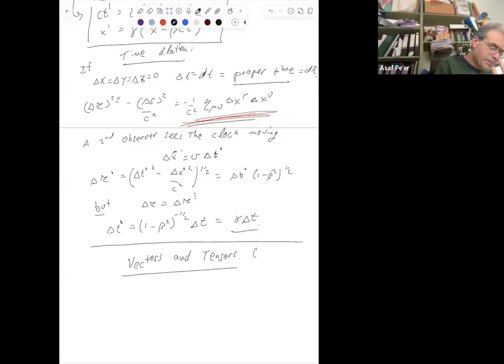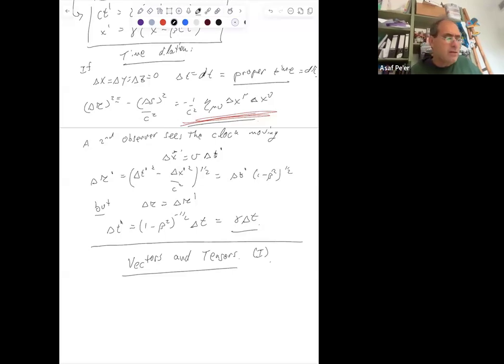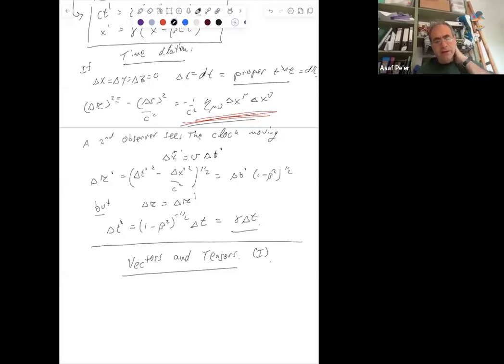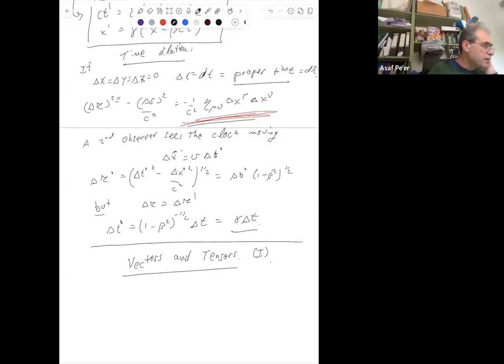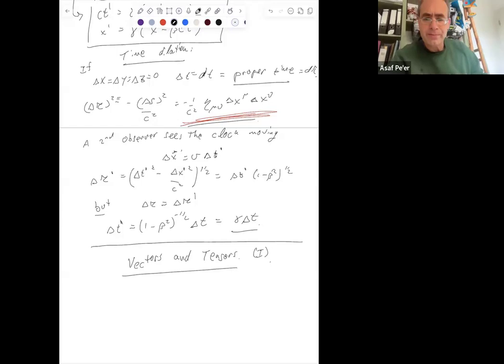Let's say part 1. What we really need and want is to discuss physics in this 4-dimensional Minkowski space. So we need to define the formalism of working with vectors and tensors. We're going to do it gradually. Otherwise, you might easily get lost, and I don't want that.